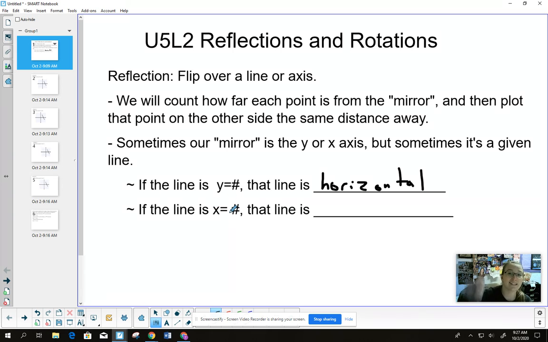So even though the x-axis is horizontal, x equals 5 or x equals -4 is going to be a vertical line. So please make sure you have that written down here at the bottom. If you want to add a reminder to yourself that the x-axis is horizontal and the y-axis is vertical, that is different from these ones, so we've got to be careful there.